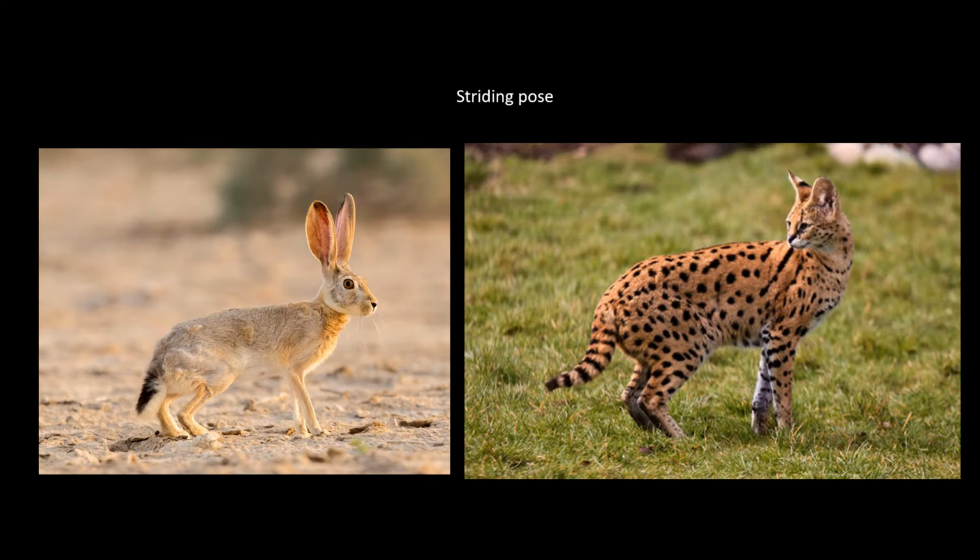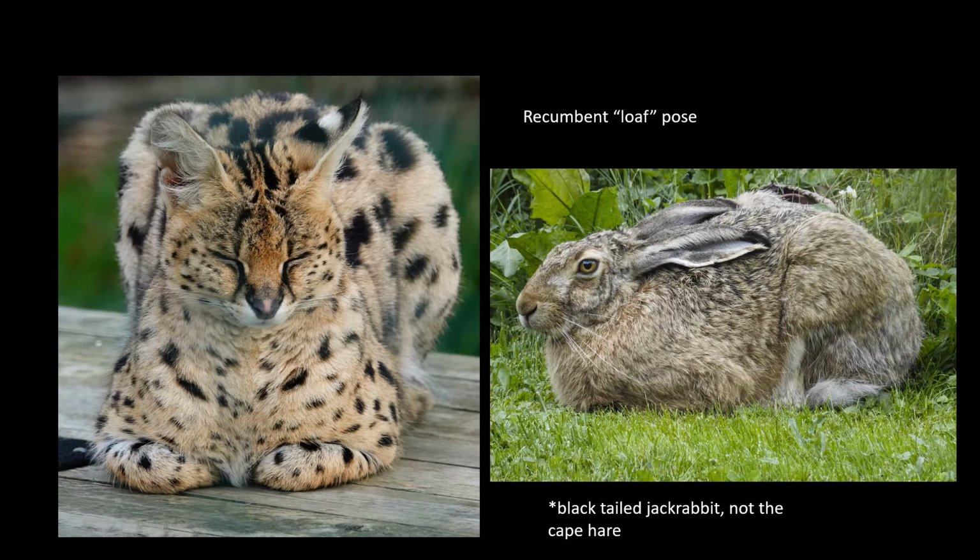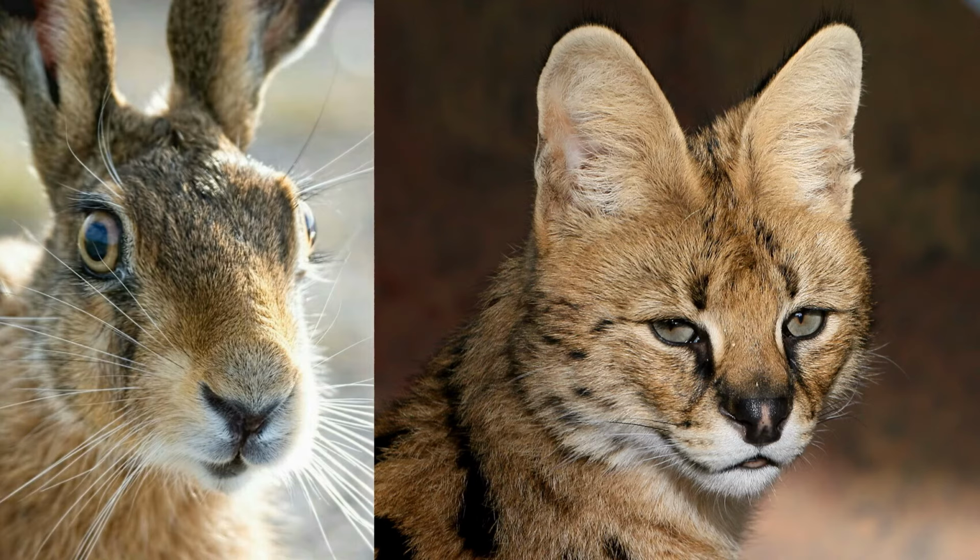And when they are at rest, serval cats and cape hares both place their weight on their hind legs with the paws tucked under the body to look like little bread loaves. So cute. And then also, if we look at the profiles of servals and hares, we also see that they're quite strikingly alike. They both have small yet pointed snouts, and the overall shape of the nose and nostrils are superficially similar.